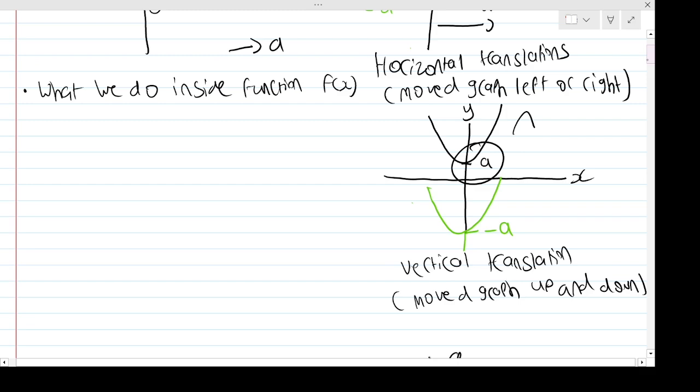What we do inside the function f of x, which is the input, the x, we do the opposite to what we expect.